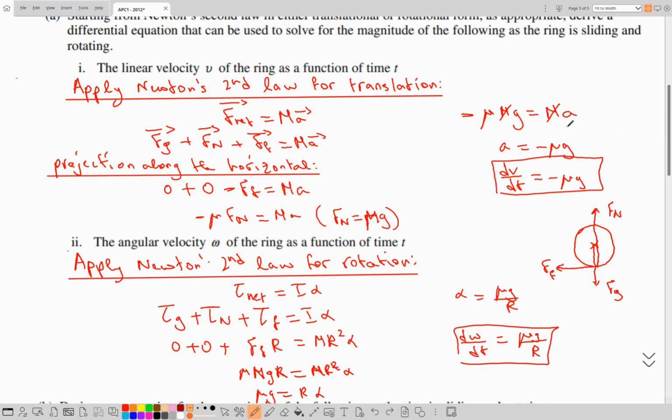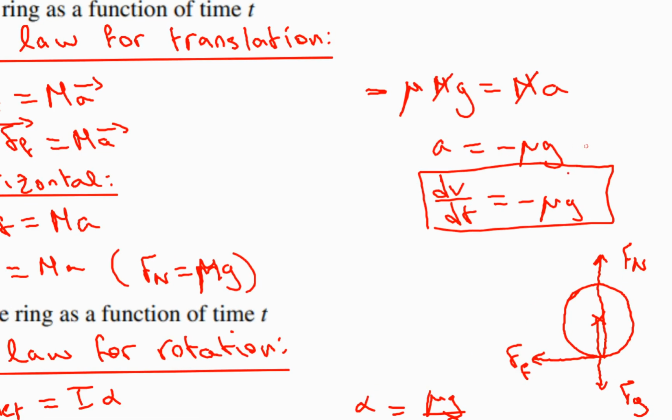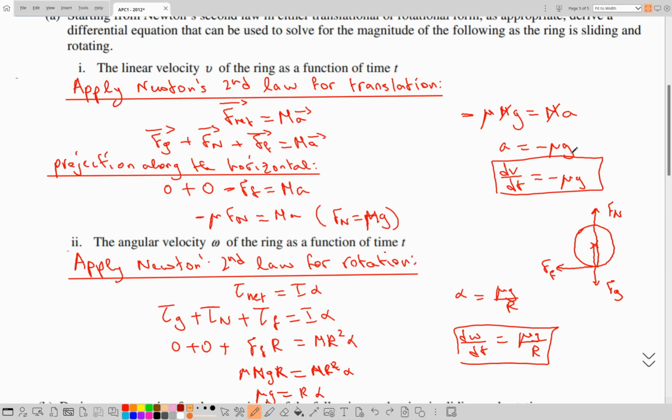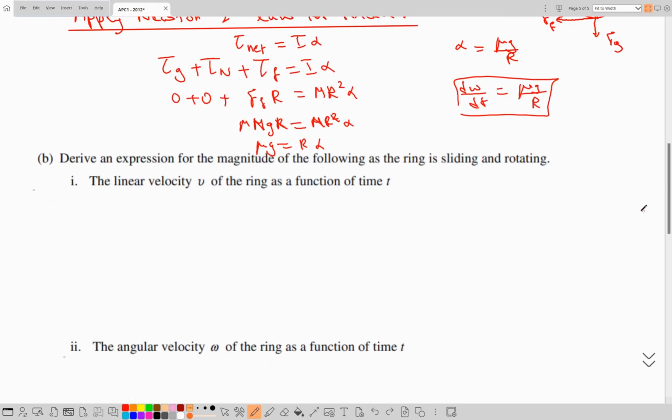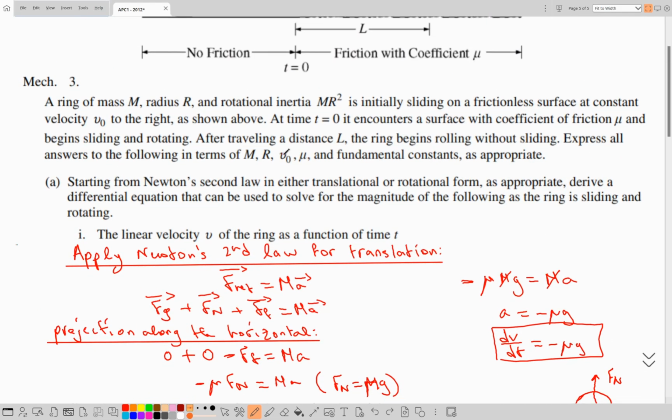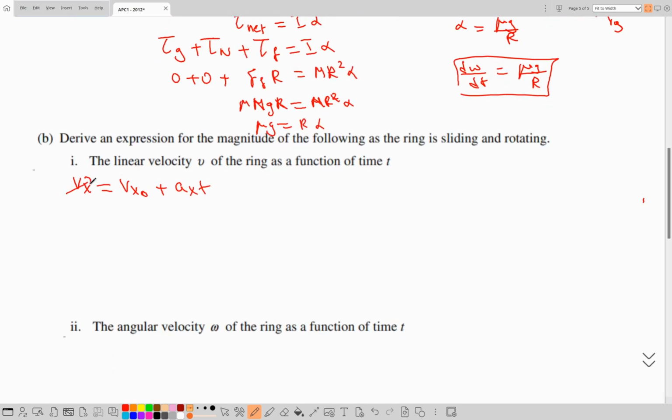Now the moment we know that the acceleration is given by minus mu g, which is constant, we can basically use kinematics in order to solve for the linear velocity. Now we know that Vx is given by Vx0 plus Ax multiplied by t, knowing that the initial velocity is V0, so that would be V0, and that would be minus mu g.